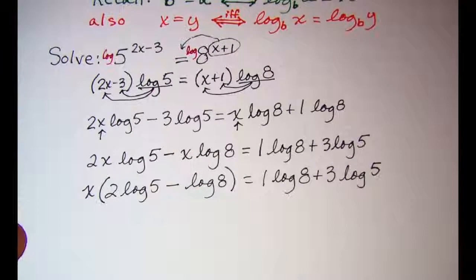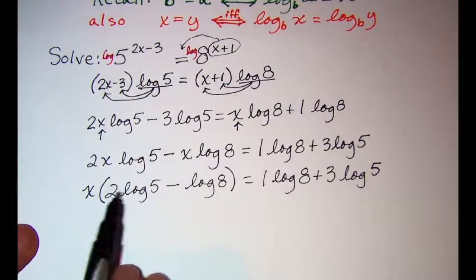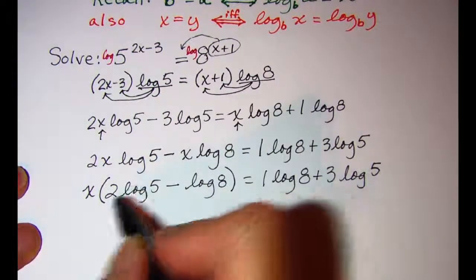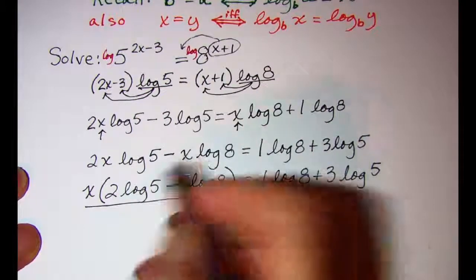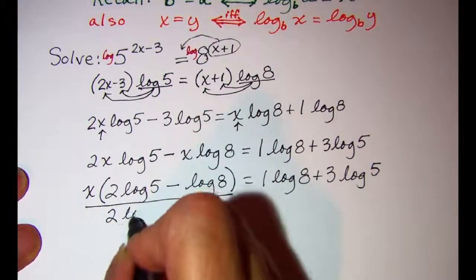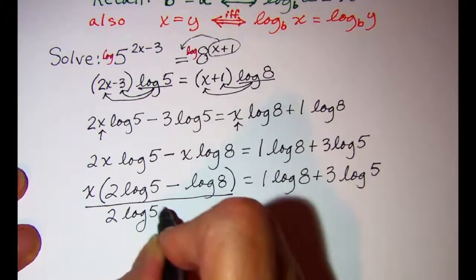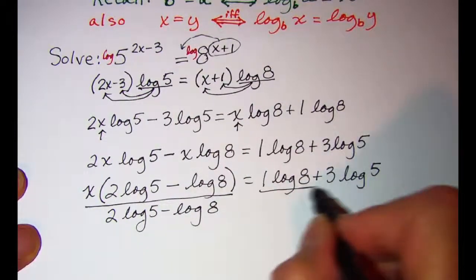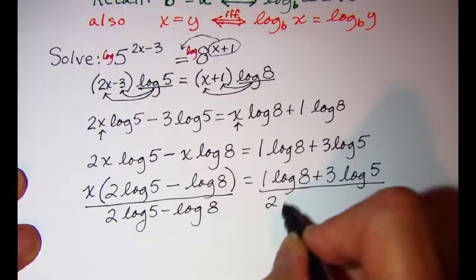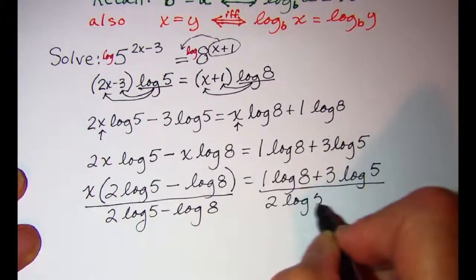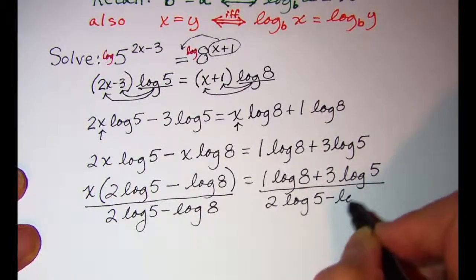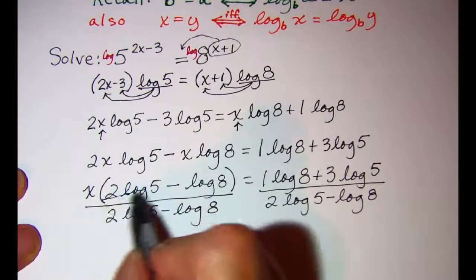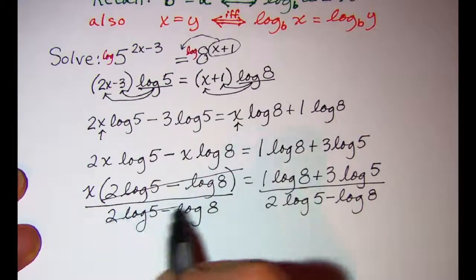Now finally, my x is multiplied by this quantity. So to get x by itself, I'm going to divide both sides by this quantity in the parentheses. When I do that, this whole quantity will cancel off.